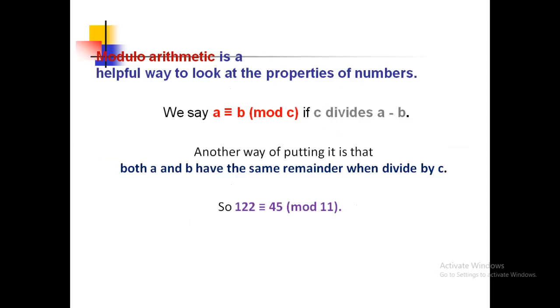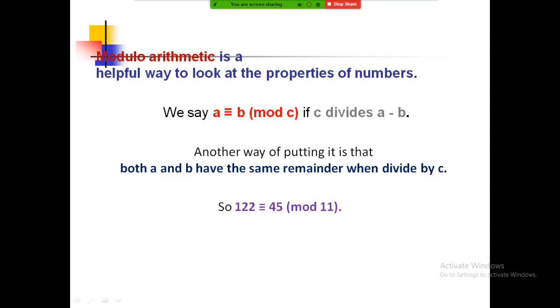We say A is congruent to B mod C if C divides A minus B, otherwise put, A minus B is a multiple of C. Another way of putting it is that both A and B have the same remainder when divided by C. This is also another way of expressing congruency.